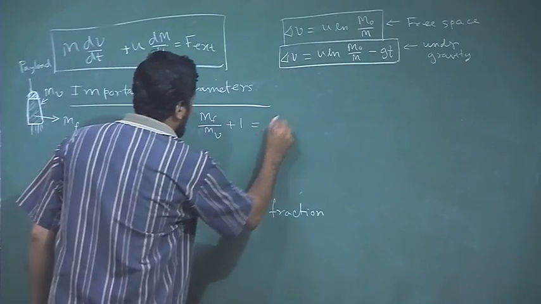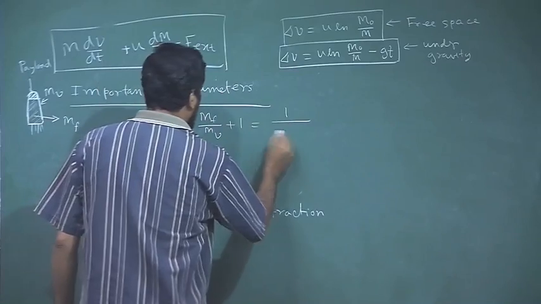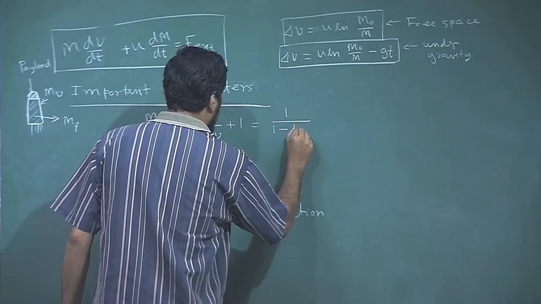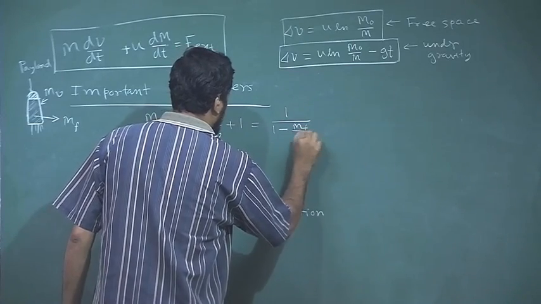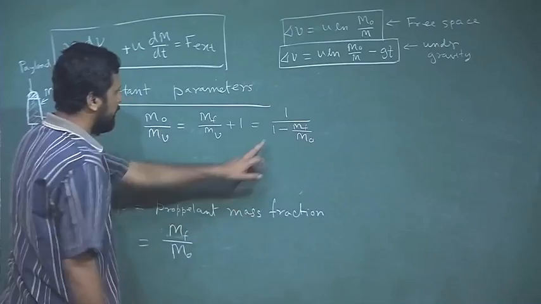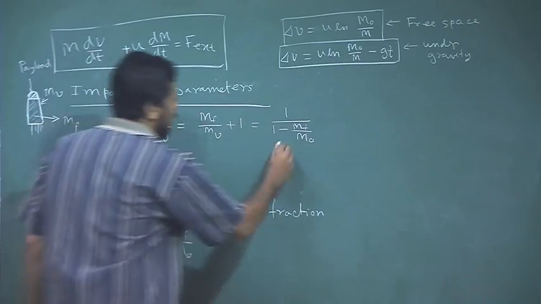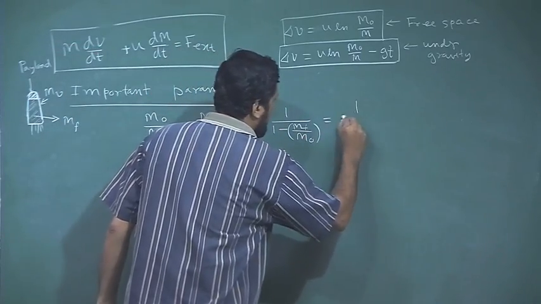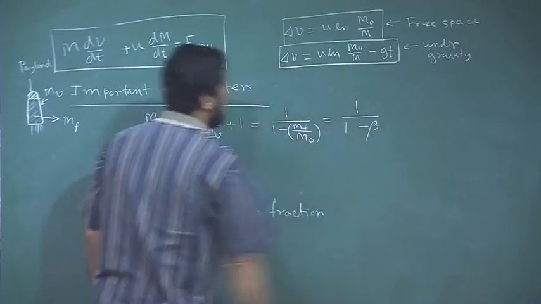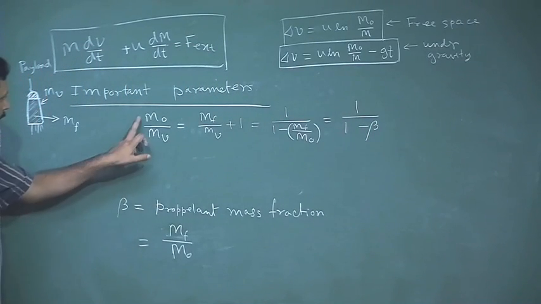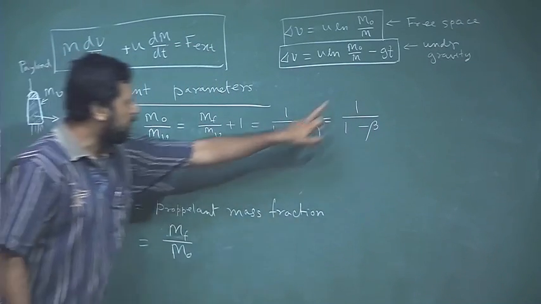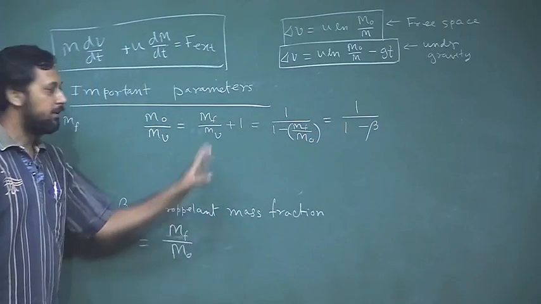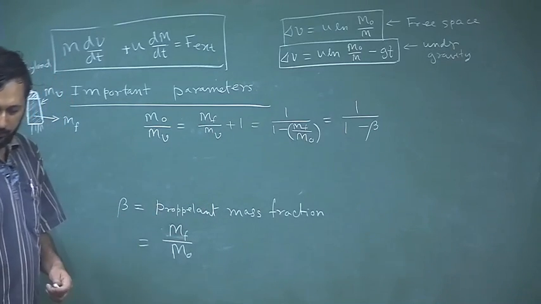It can also be written as 1 by 1 minus mf by m0, because it will be m0 minus mf, that is mv, by m0. Now, this is nothing but your beta. So, we can write this as 1 by 1 minus beta. Please remember that m0 by mv is equal to 1 by 1 minus beta, where beta is the propellant mass fraction. This is an important relation, we will keep it in mind and use it later.